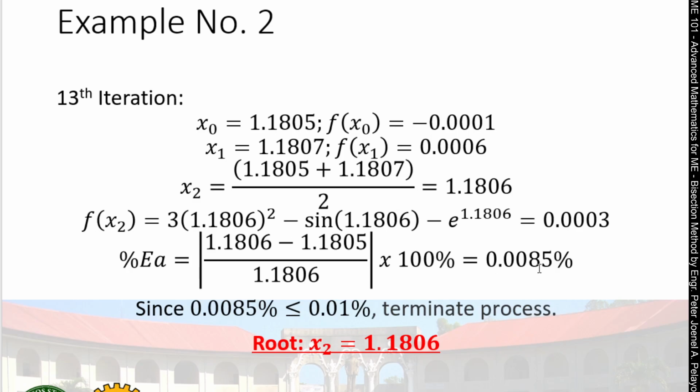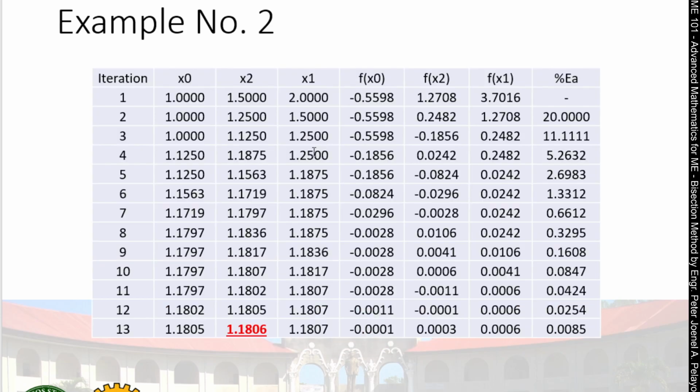So, percentage error is 0.0085%. So, since mas mababa na siya sa terminating condition natin na less than or equal to 0.01%, terminate na natin process. Yung huling x2, yun na yung root natin, which is 1.1806. And then, tatabulate na natin. Naka-table na siya. So, lahat ng value, nandyan.